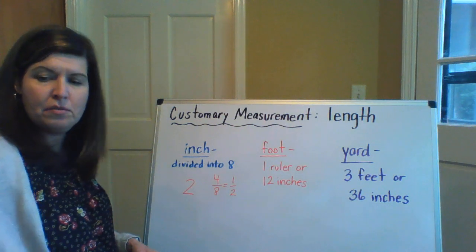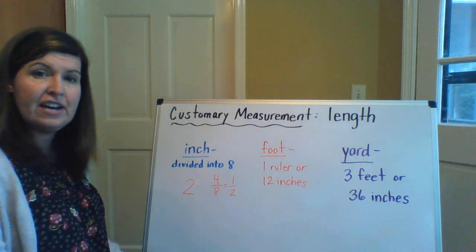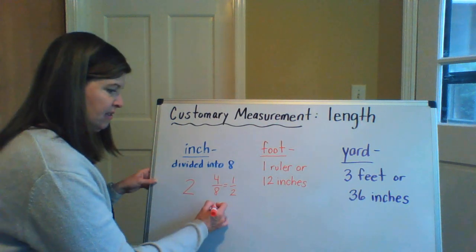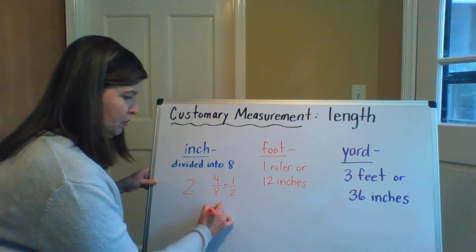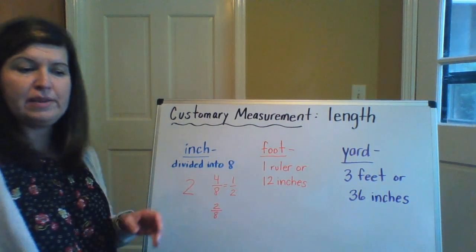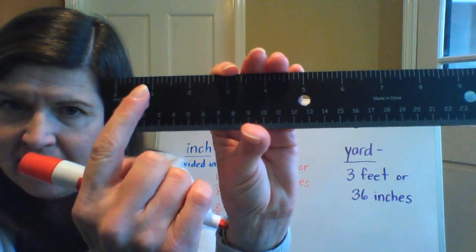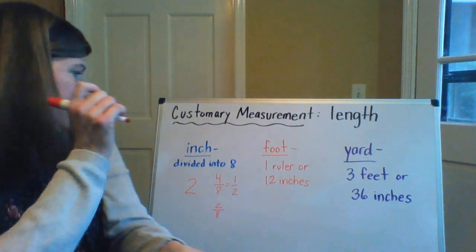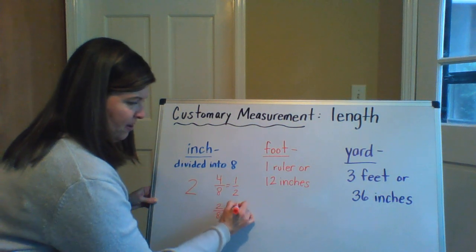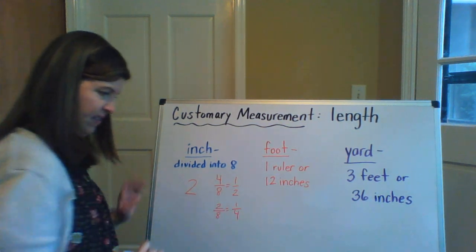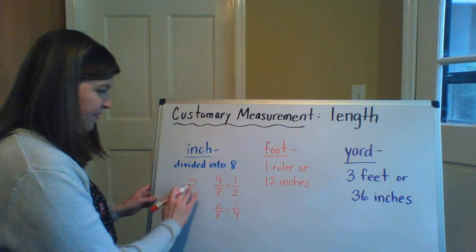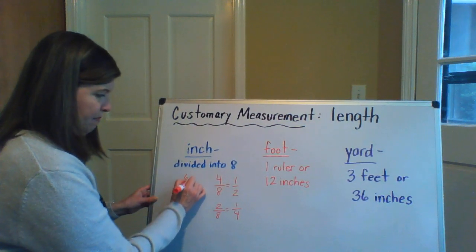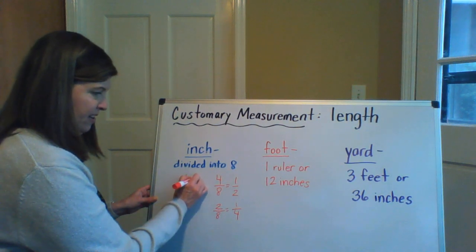If I was measuring something and I had part of an inch, and I was saying, oh, it was 2/8, which would mean on here, when I look at it, that it's 2 of those 8 pieces. It would really be 1/4. And so on. If it was 6 of those 8 pieces, it would be 3/4 of an inch.